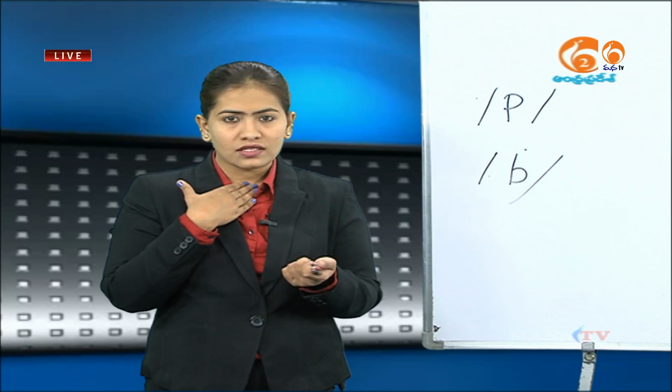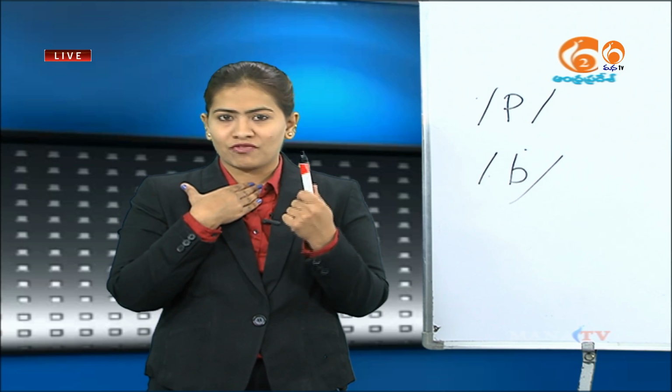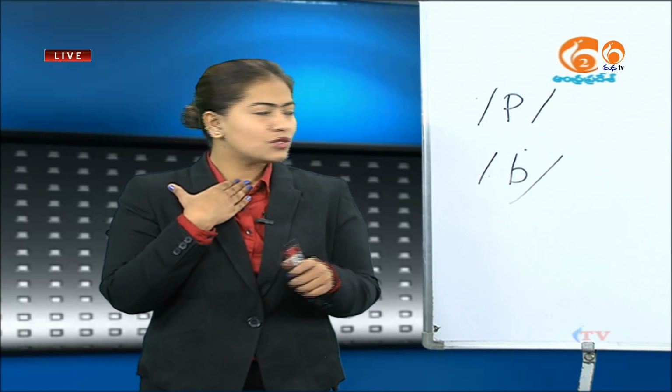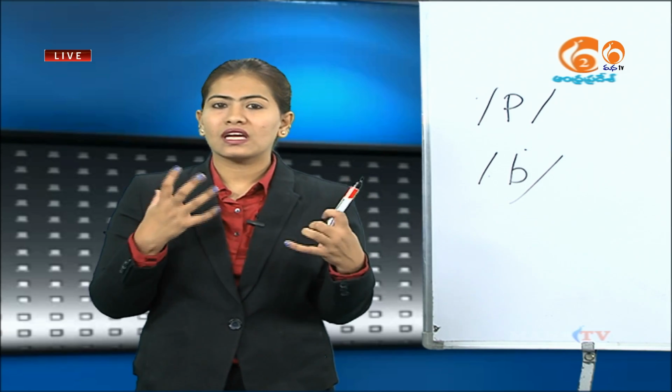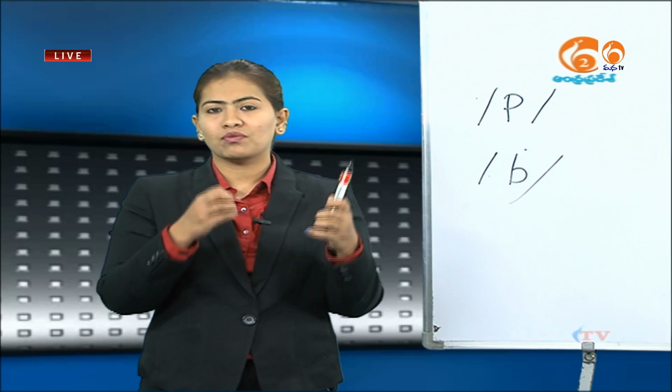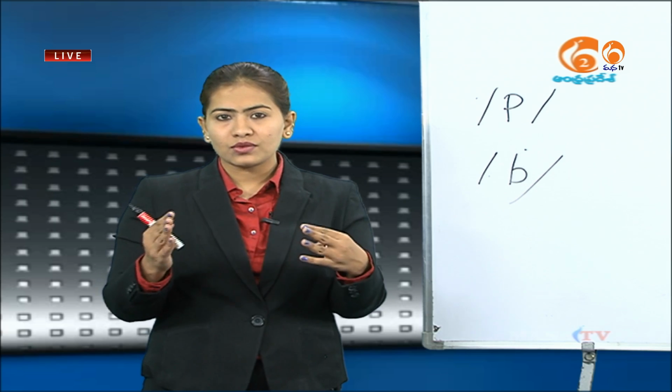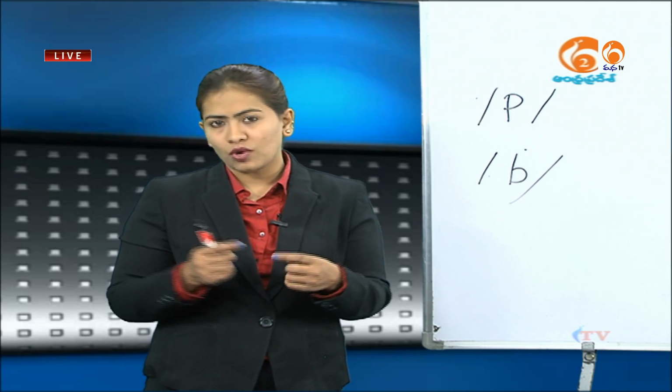When you do not sense heavy vibration and sense only a very slight vibration, it is a partial obstruction of air. This is a technique to understand which sounds are voiced and which are unvoiced or voiceless.